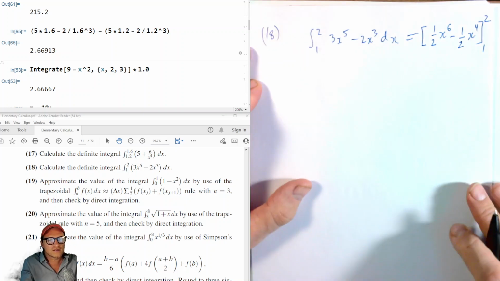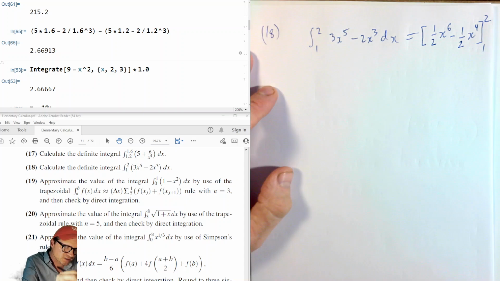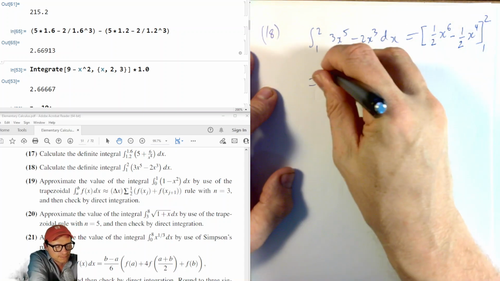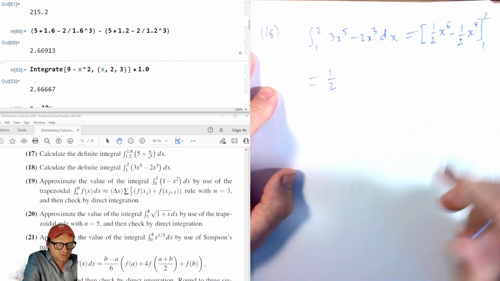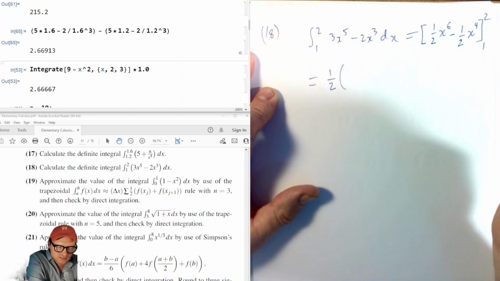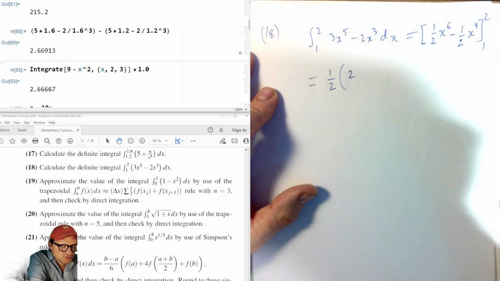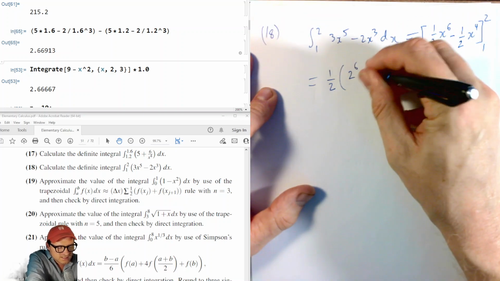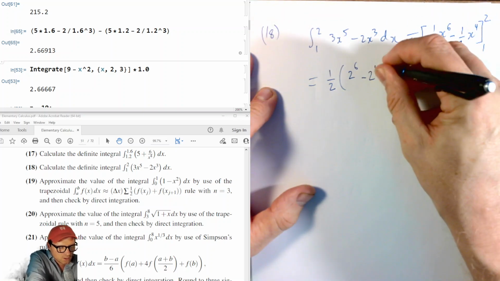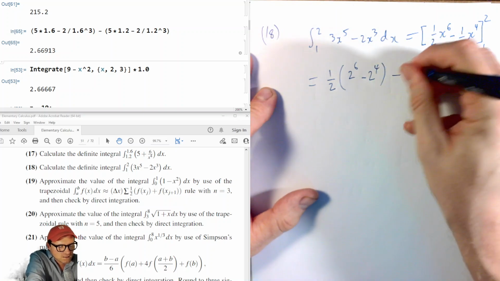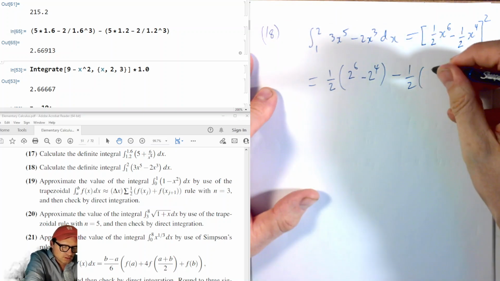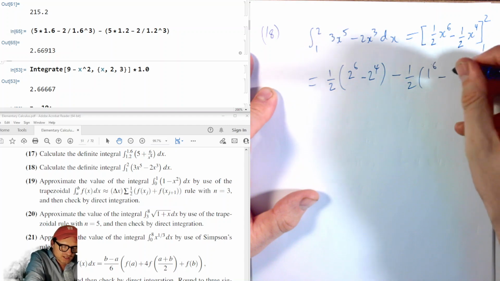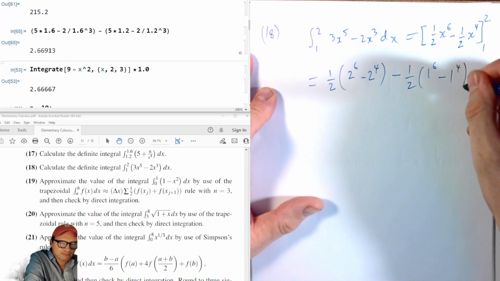Now we need to sub in the 2 and sub in the 1 and subtract. I'm going to factor out the 1/2 out of the whole thing first. So 2 to the power of 6 minus 2 to the power of 4, and 1 to the power of 6 minus 1 to the power of 4.